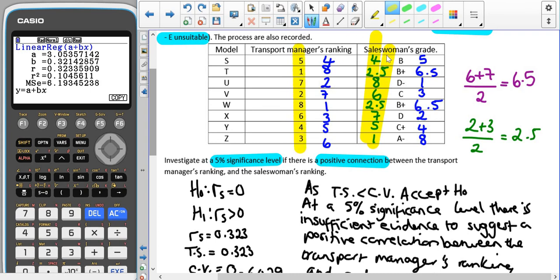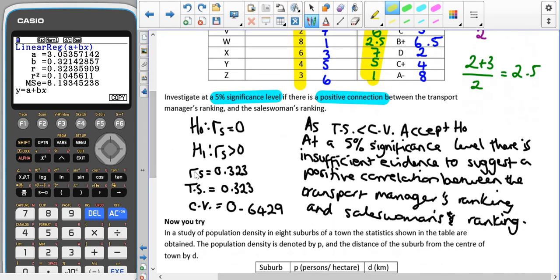Now, if you failed to notice that the transport manager's ranks had gone from the best to the worst, so you ranked these numbers the wrong way around, then what you would have found is that your RS value, your test statistic, would come out to be negative.